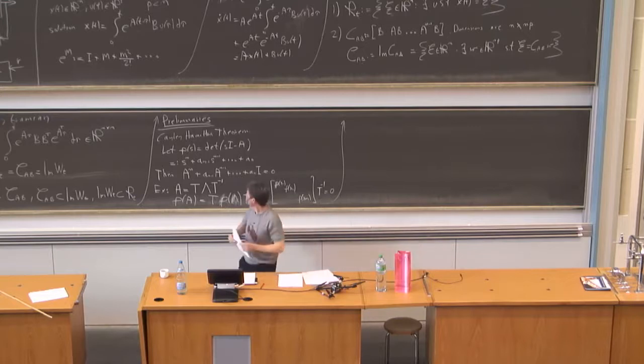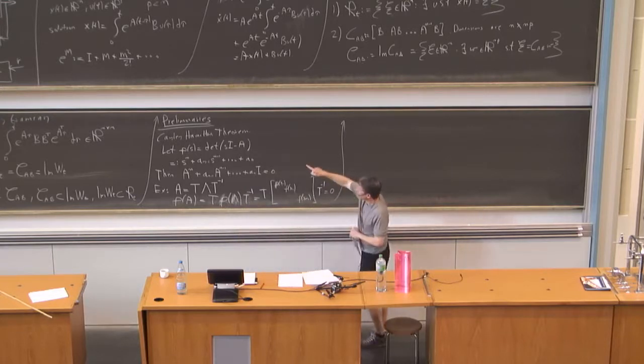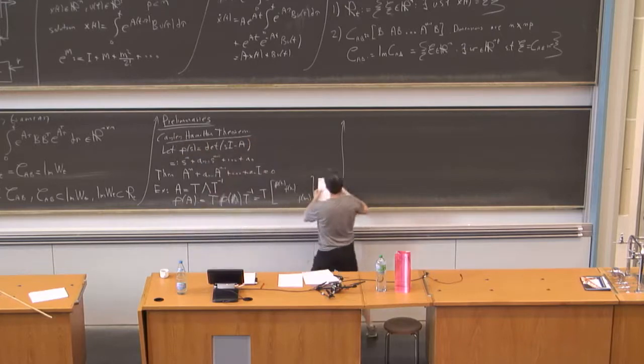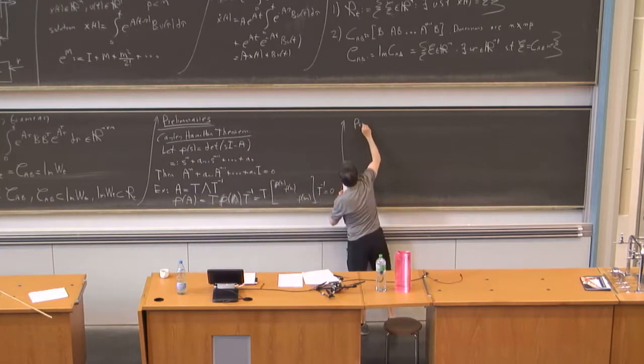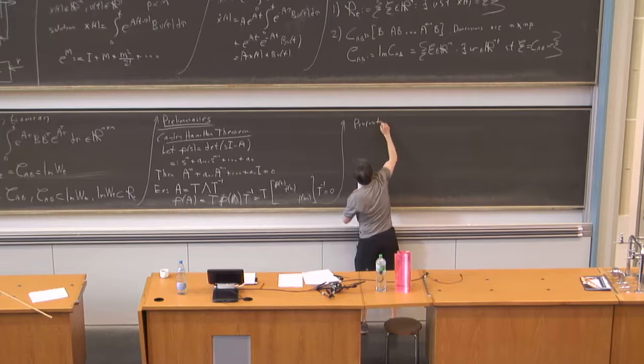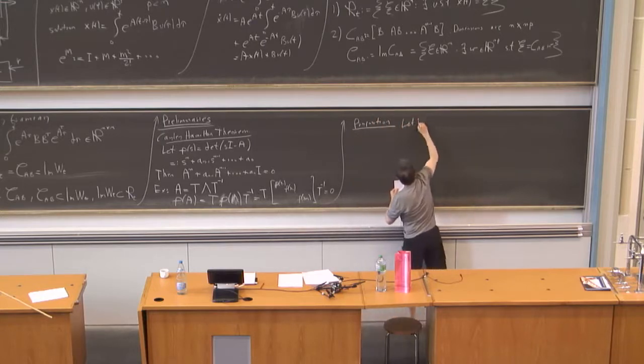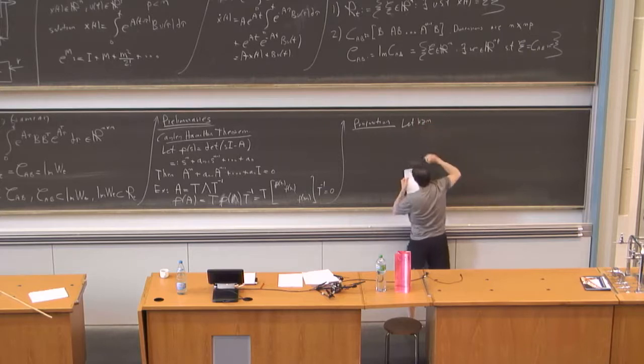Then, once we have the Cayley-Hamilton theorem, there's a simple proposition. Let k be greater than or equal to n.